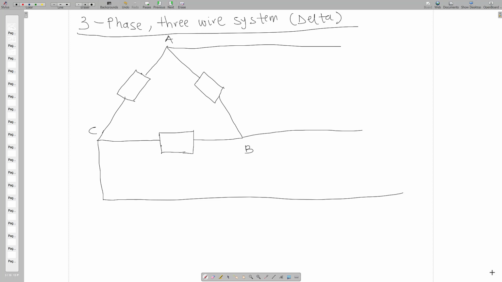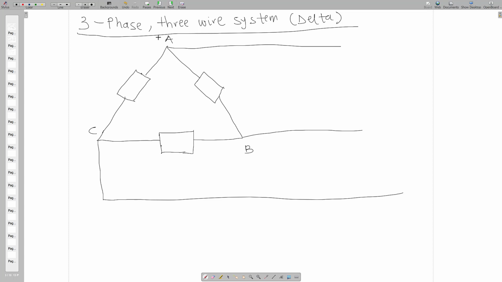We can see from the diagram that this has no neutral wire like in the three-phase four-wire system in star. It has no neutral line or neutral current, and it is used in transmission lines involving very high voltage distributions.